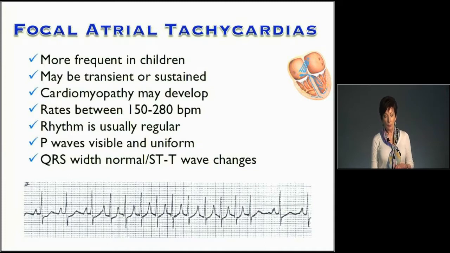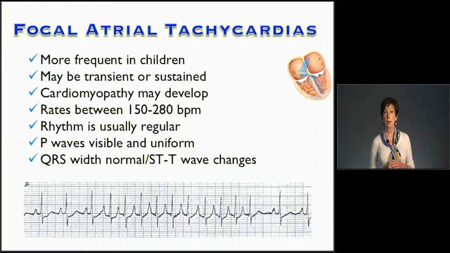All right, so the next thing we want to talk about are what are referred to as focal atrial tachycardias. Now these are tachycardias that occur most frequently in children. They can be transient or sustained, and when they're sustained, another term you may hear is incessant atrial tachycardia.